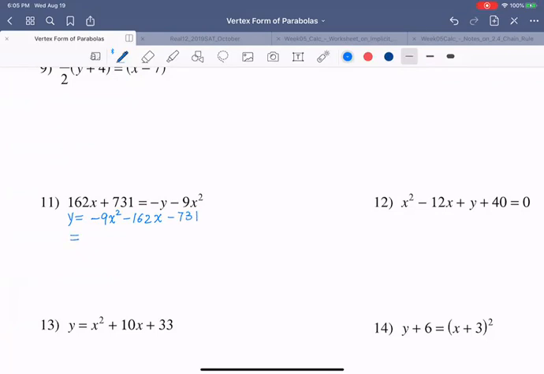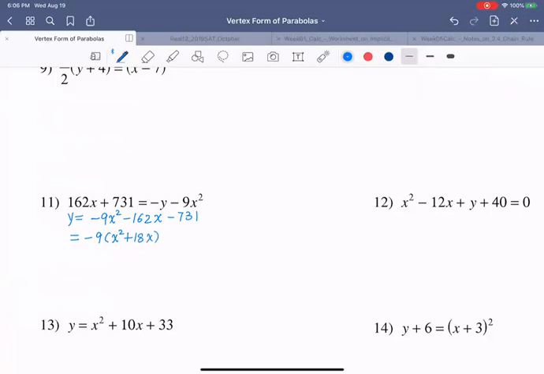Let's extract -9. So it's -9 and then parentheses x squared plus 162 over 9x. How much is 162 over 9? It is 18. Good.